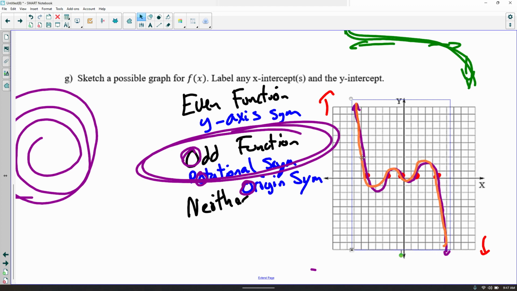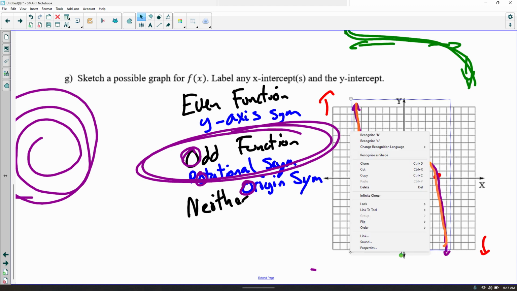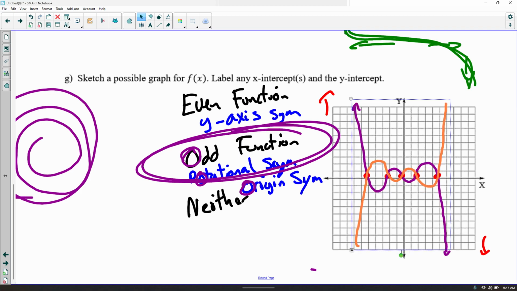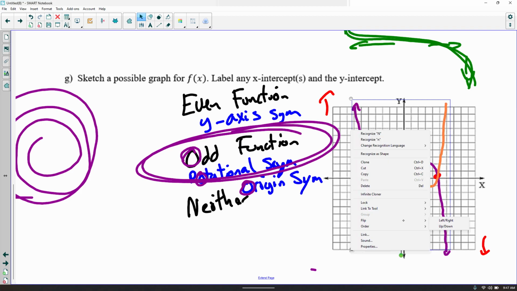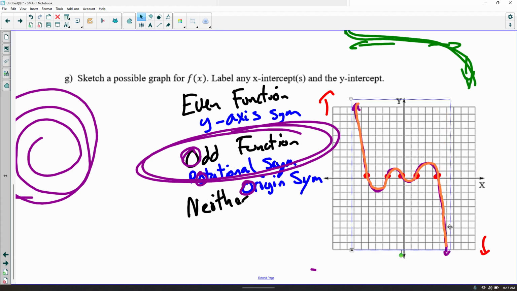It's taking this one and flipping it left, right, and then taking it and flipping it up, down. So if you reflect it left to right and up to down, you end up in the same exact spot. That's what that did, okay? All right, enough on that.